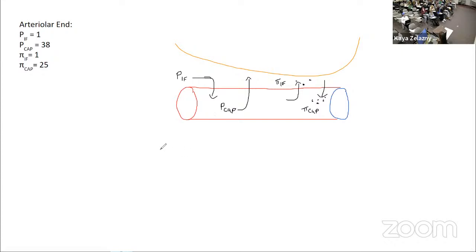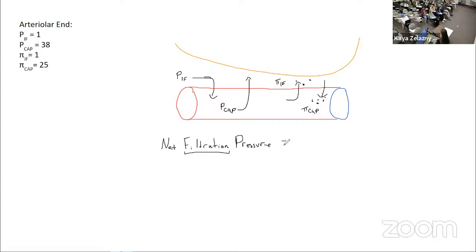When we calculate our net filtration pressure, which I'll write out now, net filtration pressure, it's a pressure for filtration. So if it's positive, that means we have filtration. If it's negative, that means we have reabsorption.